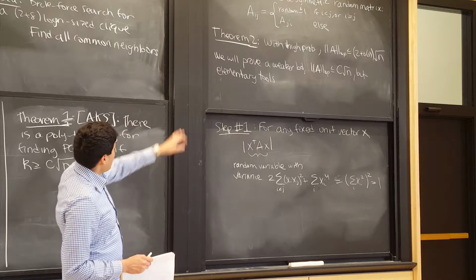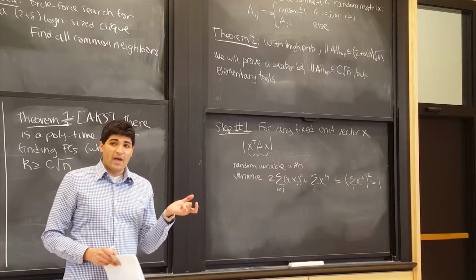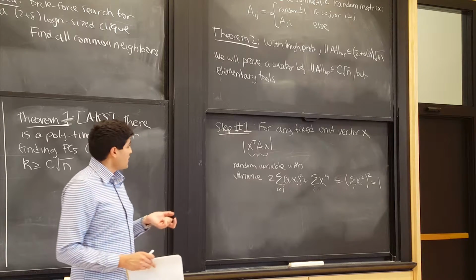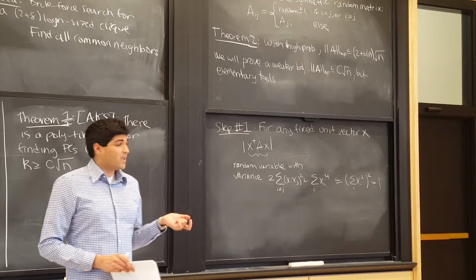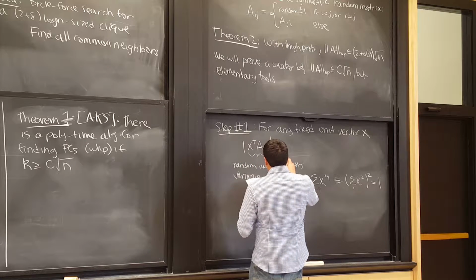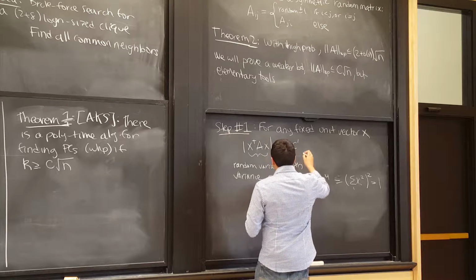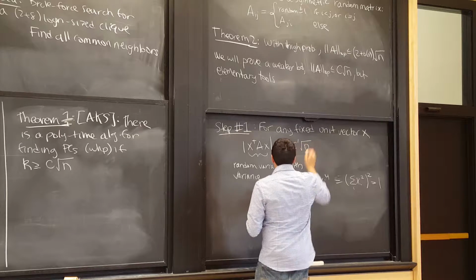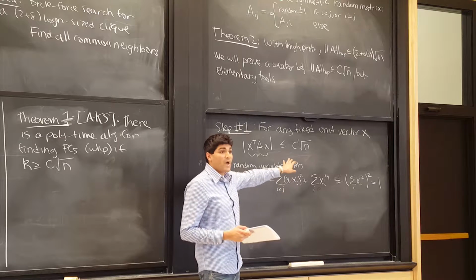And at the end of the day, what we care about in this type of theorem is showing that for every x, x transpose Ax is at most something times root n. So the name of the game is that if we have this type of random variable, and we want to show that it behaves like, let's say, c prime times root n, the question is, what type of probability should this bound hold?